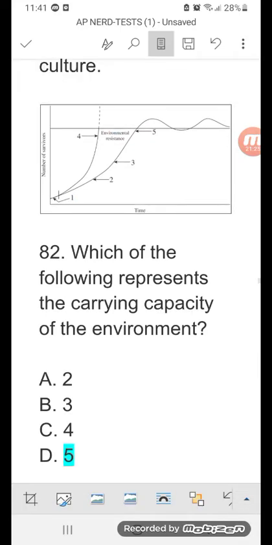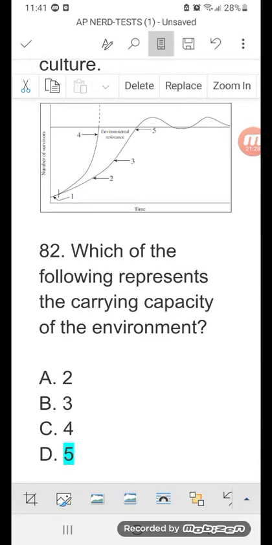Exponential growth, if you remember, is like y equals x squared. I can't see it clearly, but this is number 4. With 2 and 3, we have y equals 1 over x, I believe. But for sure, y equals x squared is number 4. This is exponential growth. So it's 4.